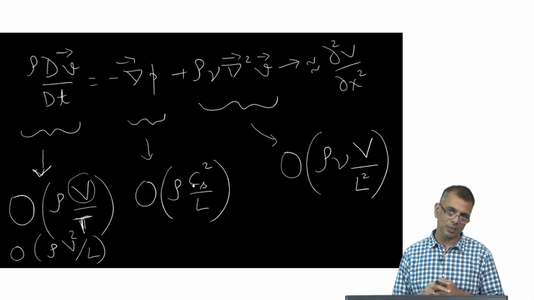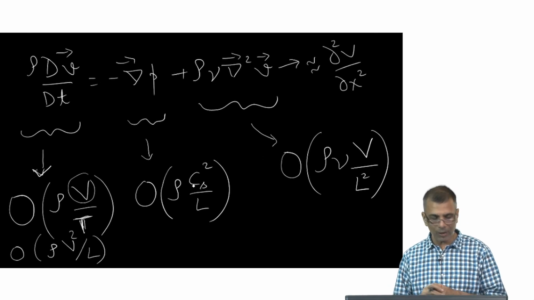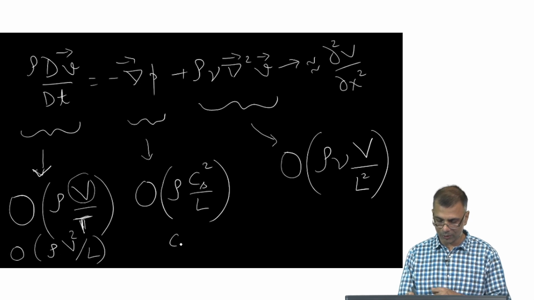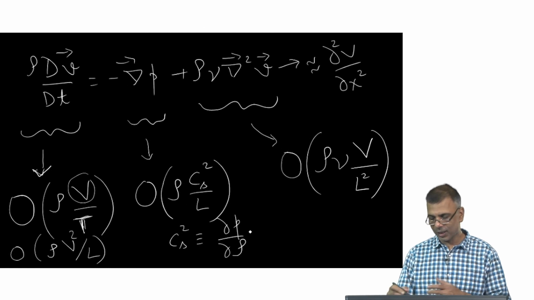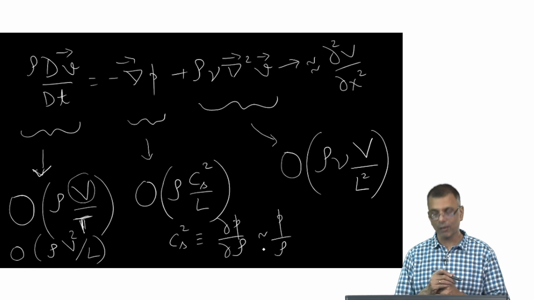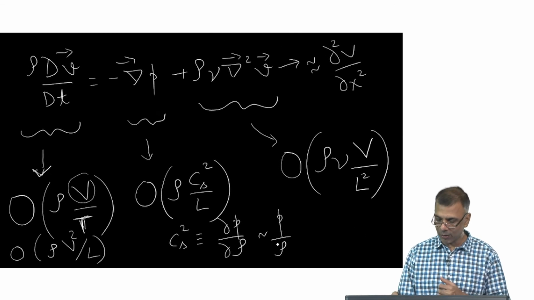But as of now, I'm sure you've come across this definition. The speed of sound is dp d rho, and that's a speed. So carelessly we can write this as p over rho. So instead of p, I write rho times cs squared. That's all I've done here.